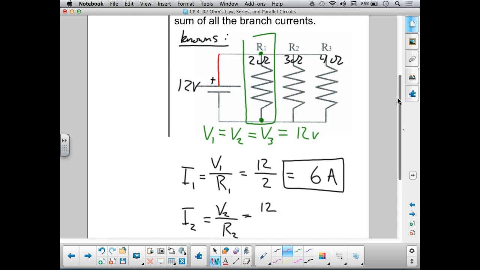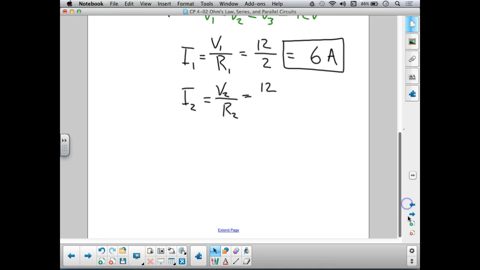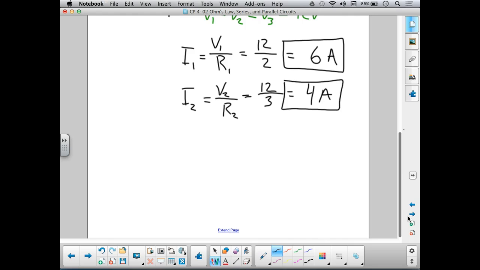So all of this is connected directly to the battery. It has the plus voltage, and at the negative end all of these have 0 voltage because they're all directly connected side by side. So voltage across every component is 12 in this circuit. The resistance in path number 2 is 3 ohms. 12 divided by 3 is 4, and the units are amps. And by now this should be pretty straightforward.